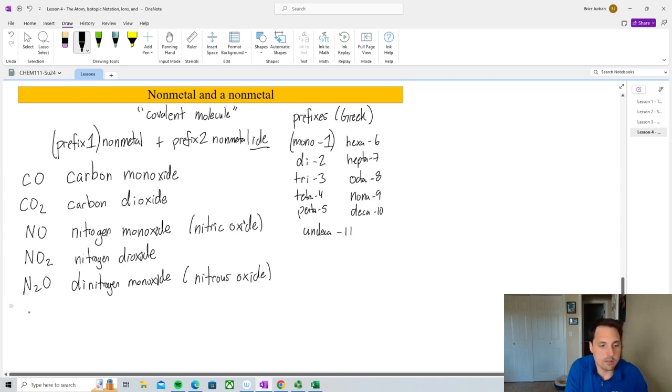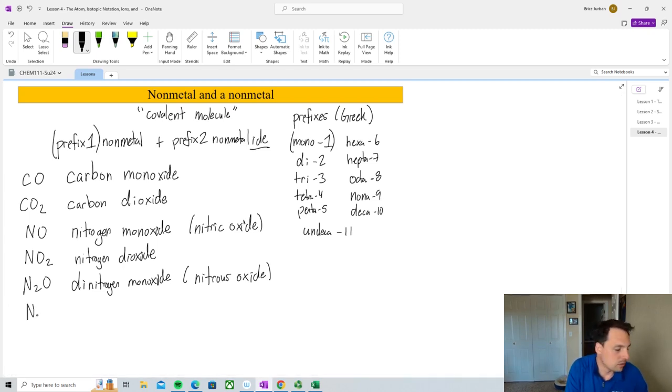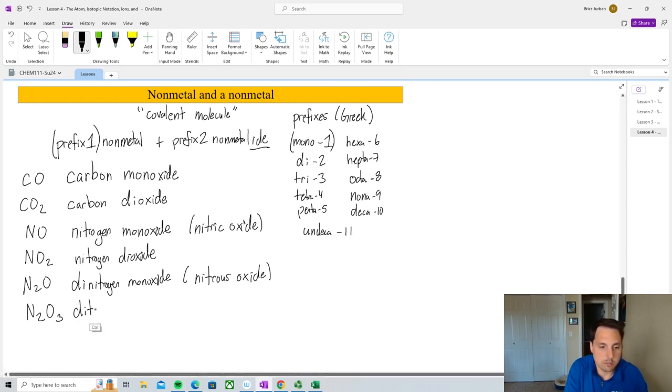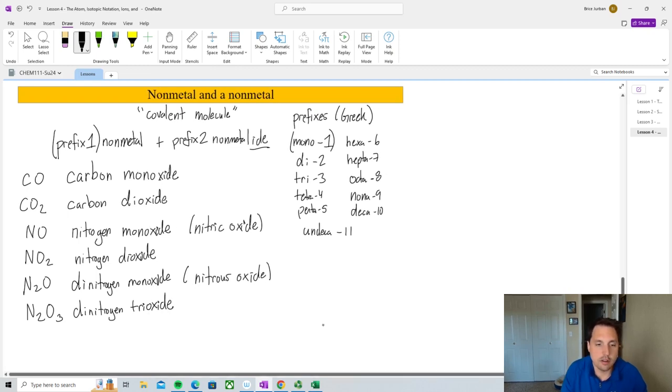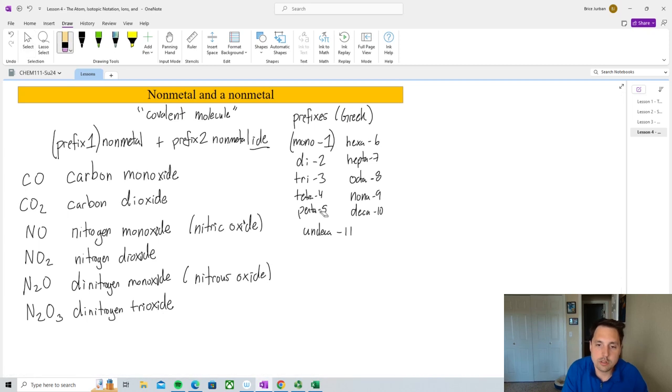We can also have something like N2O3, which would have the name dinitrogen trioxide. See, this is kind of fun. So you can learn how to name compounds really quickly if you just practice a little bit.